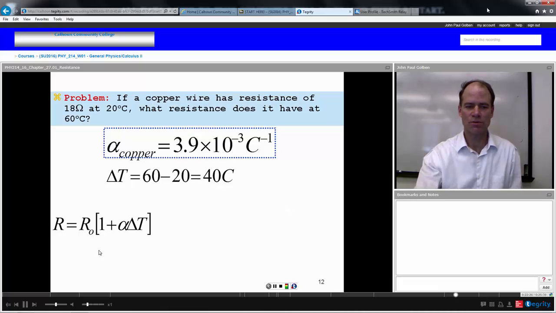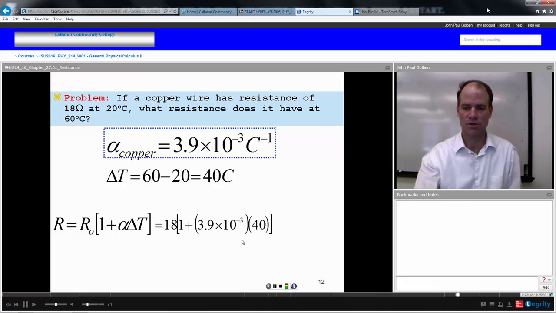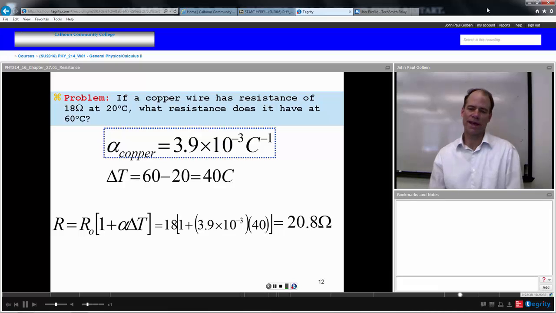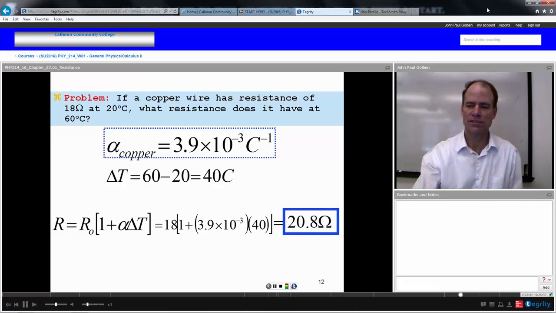So our new resistance will be our old resistance at 20 degrees, 18, times 1 plus this temperature coefficient, 3.9 times 10 to the minus 3, times 40 degrees, which is 20.8 ohms. So we actually go up maybe about 15%.